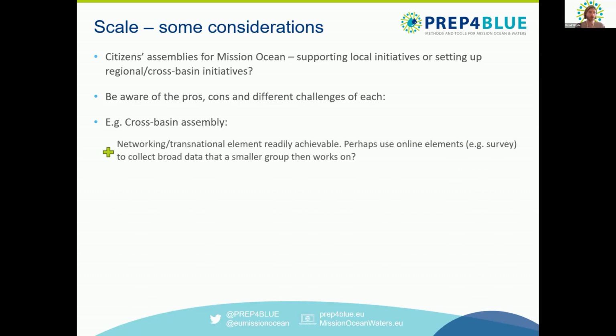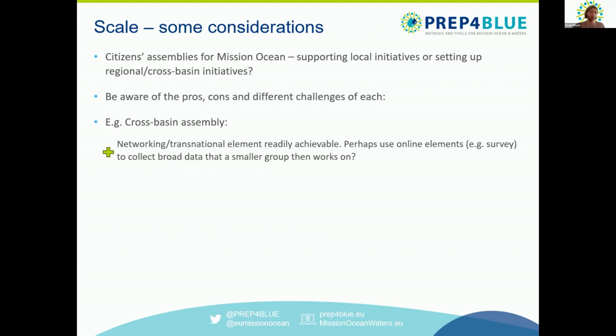Obviously, if you do a cross-basin assembly, say one that straddles the Mediterranean, you'll get that networking and the transnational element already in the process. That's very important for Mission Ocean, especially given the topic, because oceans and waters are not the kind of thing that stops at state boundaries.